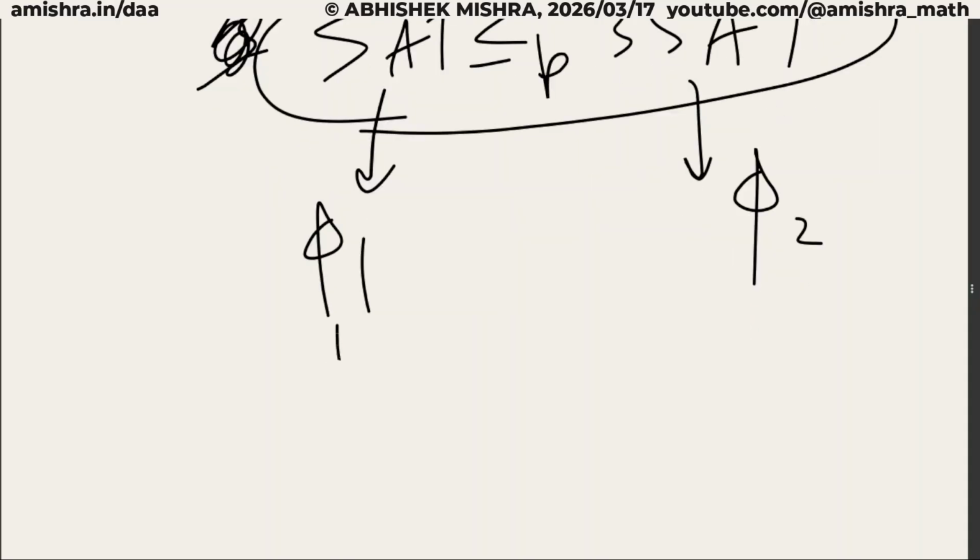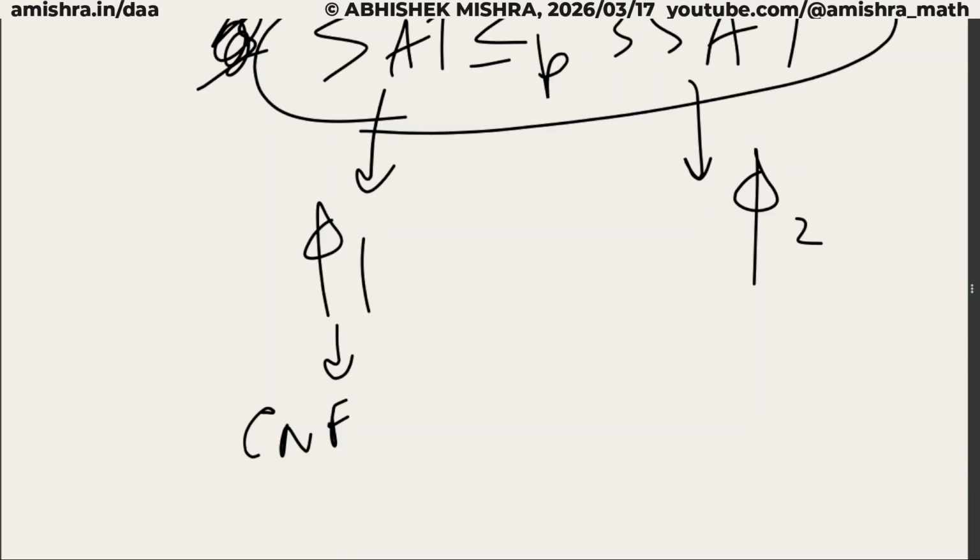So this phi is already in CNF form. The only thing is that we have to take care of the number of literals. If the number of literals is at most 3, there is no need to change. We need to change it only when it has more than 3 literals. So I will explain with 4 literals. The same idea you can apply recursively to reduce it to 3CNF form.